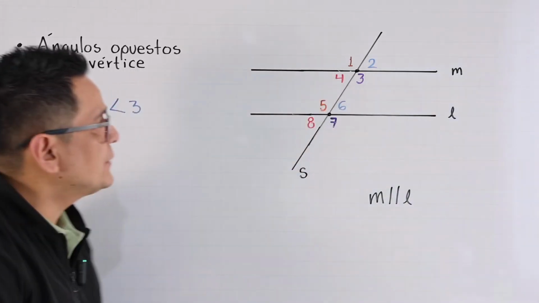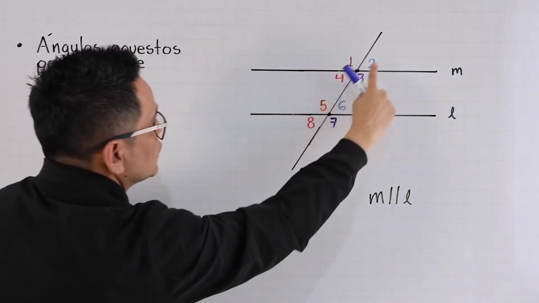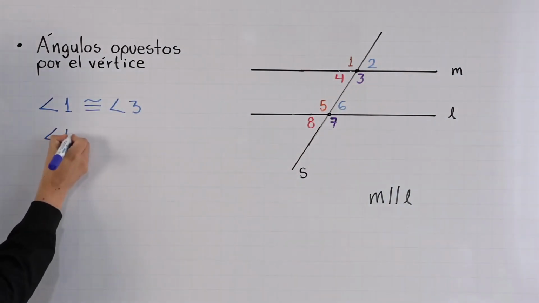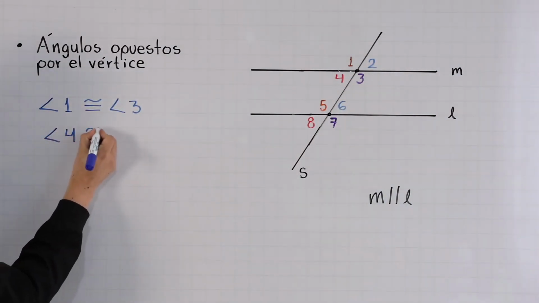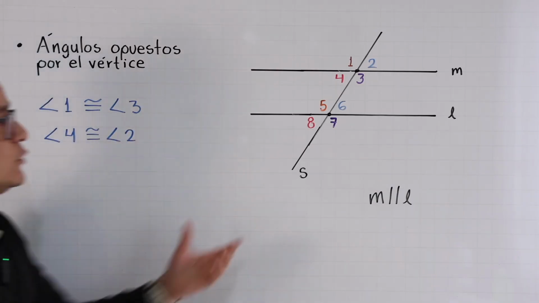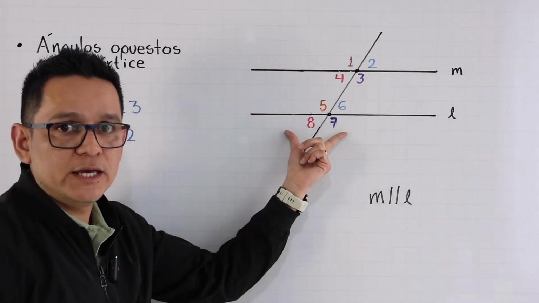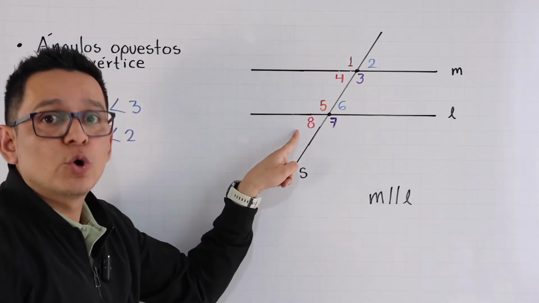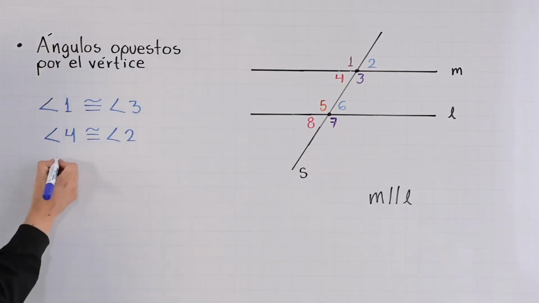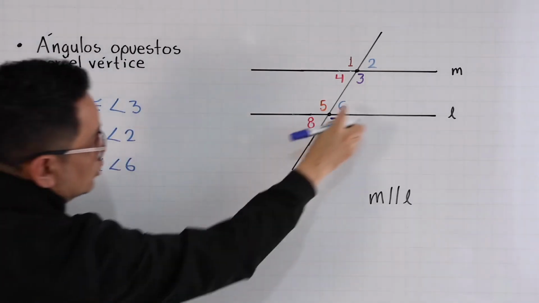What else? We also agreed that angle 4 has the same measure as angle 2, right? So, let's write angle 4 is congruent to which angle? With angle 2, done. Now look down here and see which ones match with which. For example, angle 8, which one is it congruent with? Very good, with angle 6, right? And the reason is because they are vertical angles.